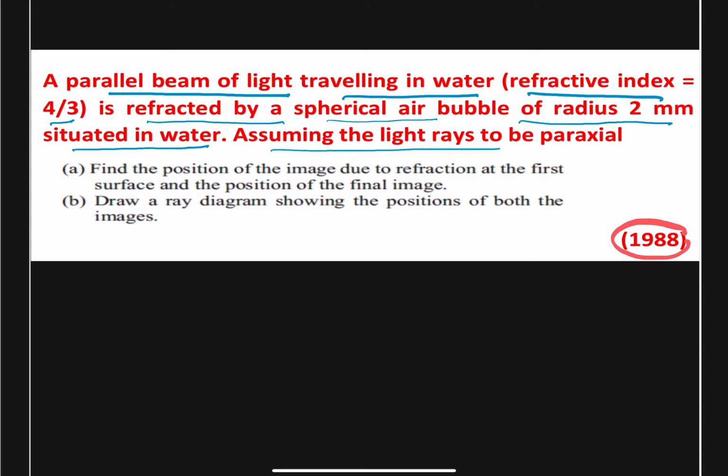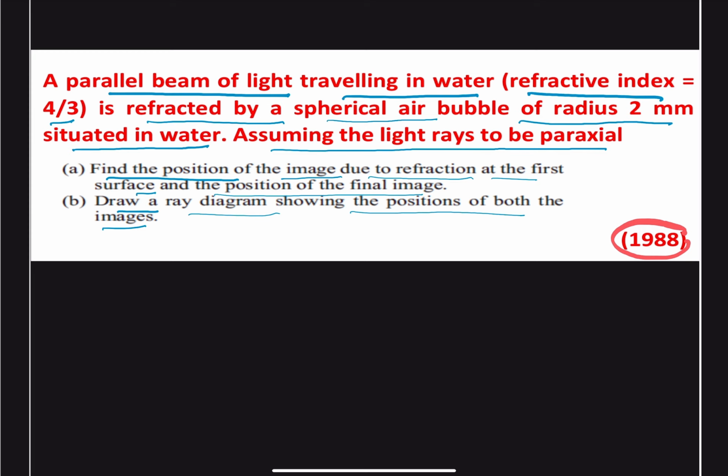Assuming the light rays to be paraxial, we have to find out two things. Find the position of the image due to refraction at the first surface and the position of the final image, and draw a ray diagram showing the position of both the images.